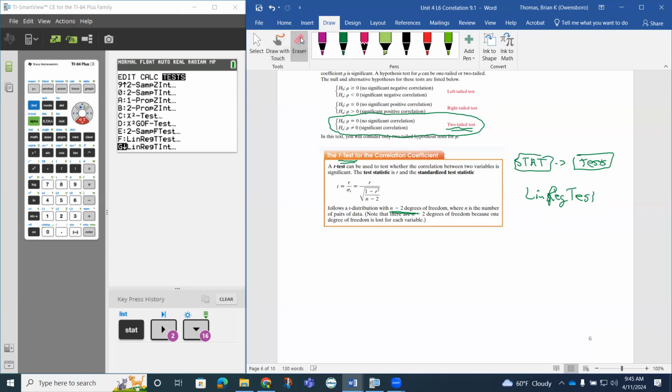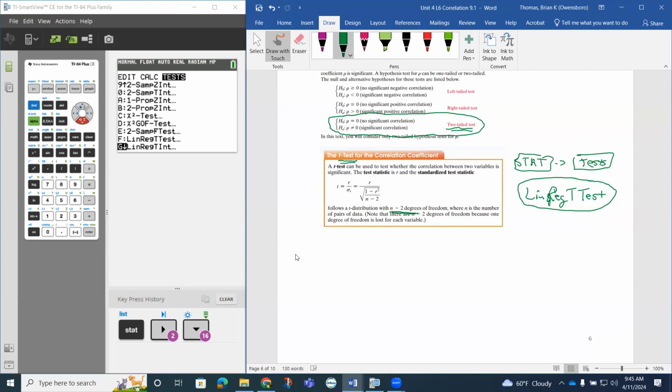T and test, two T's. That's the button we want to use, and it's actually going to do a lot of our math for us.